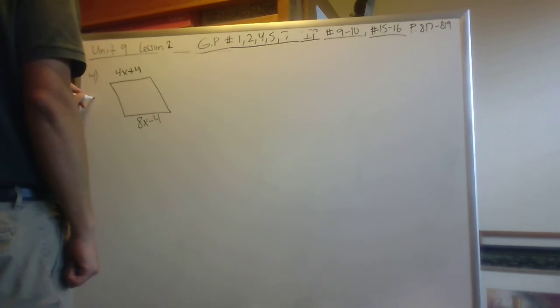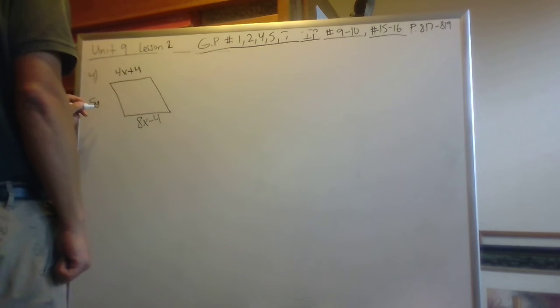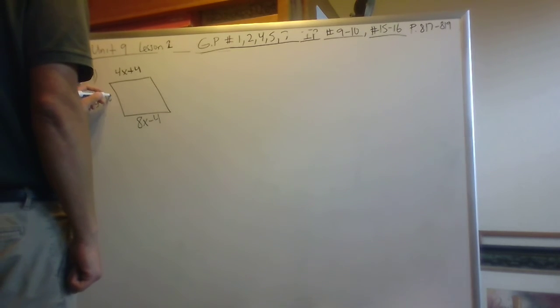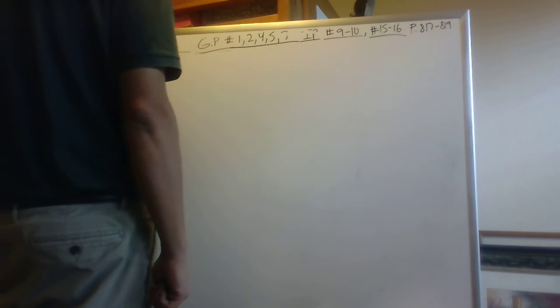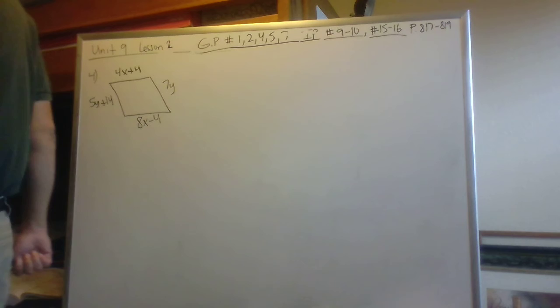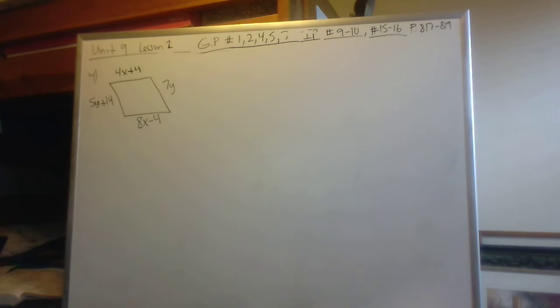And we have x and y basically. So we have 5y plus 14, and we also have 7y. So I am going to look at that right now.